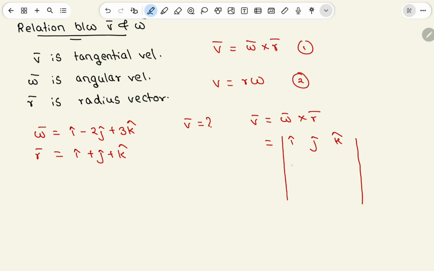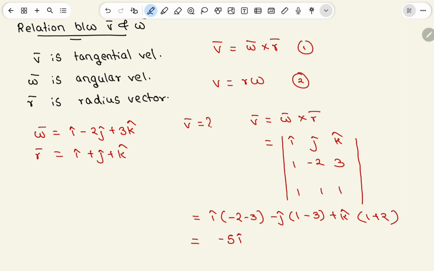i cap, j cap, k cap. First, the coefficients of the vector omega bar: 1, minus 2, 3, and then 1, 1, 1. So finally, the answer comes out to be i cap multiplied by minus 2 minus 3, minus j cap multiplied by 1 minus 3, and plus k cap multiplied by 1 plus 2.